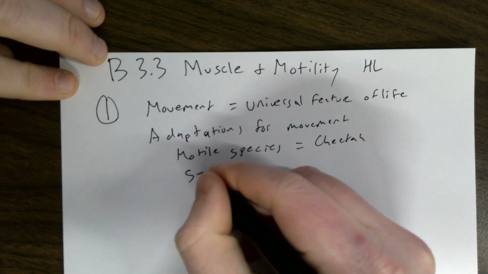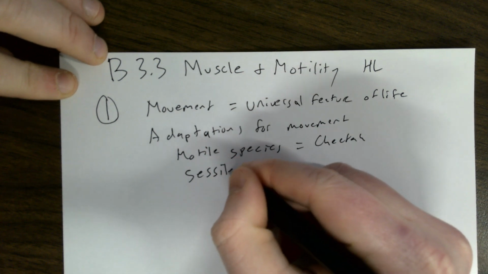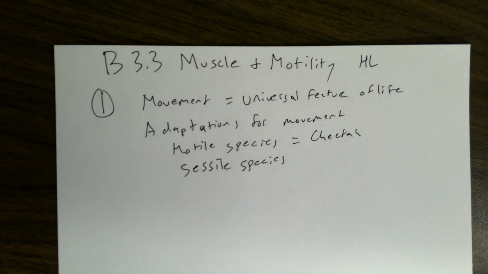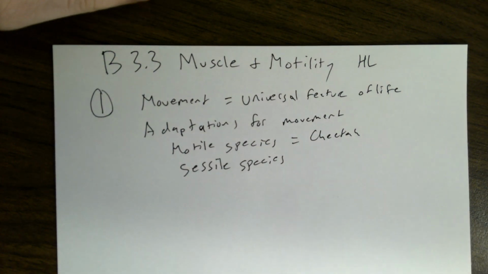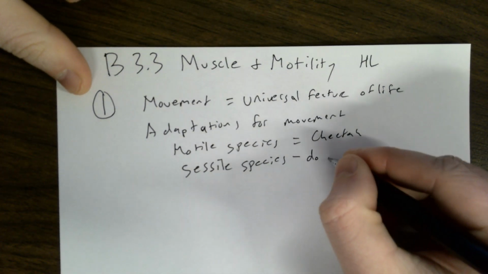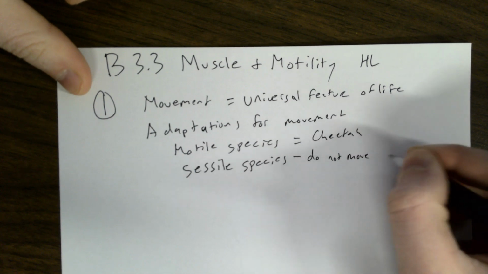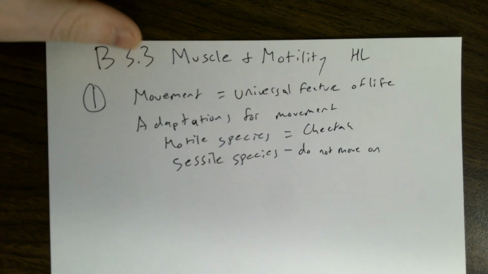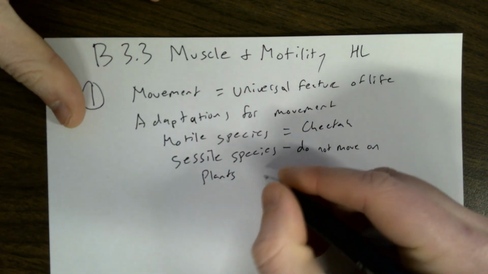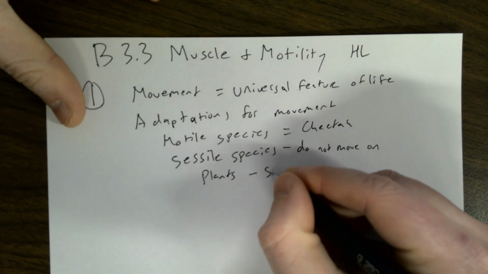And then we have our sessile species. Our sessile species are very different from our motile ones. Sessile species do not move on their own, and so they require something else to help them move. For example, plants have seed dispersal.